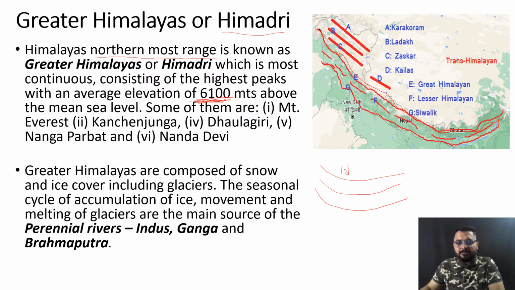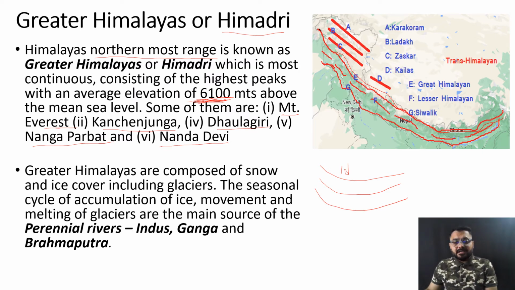Some of the important ones that you must note here are Mount Everest, Kanchenjunga, Dhaulagiri, Nanga Parbat, and Nanda Devi. These are some of the highest peaks worth mentioning in the Greater Himalayas.